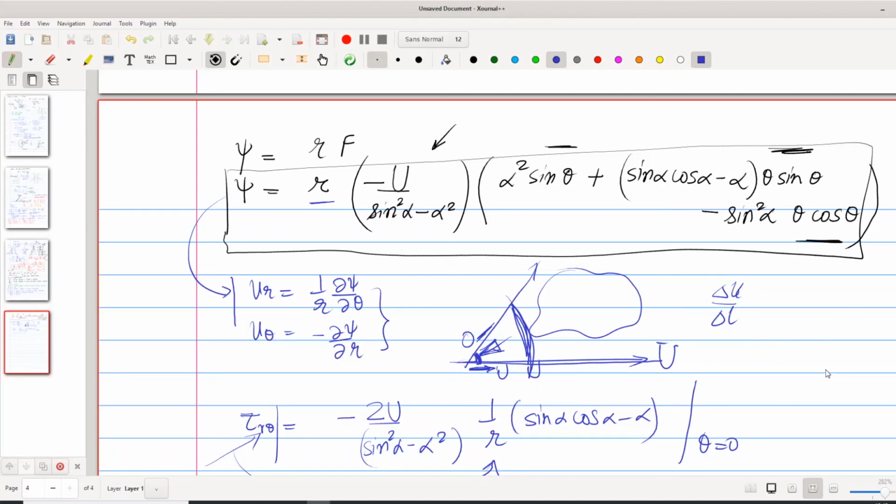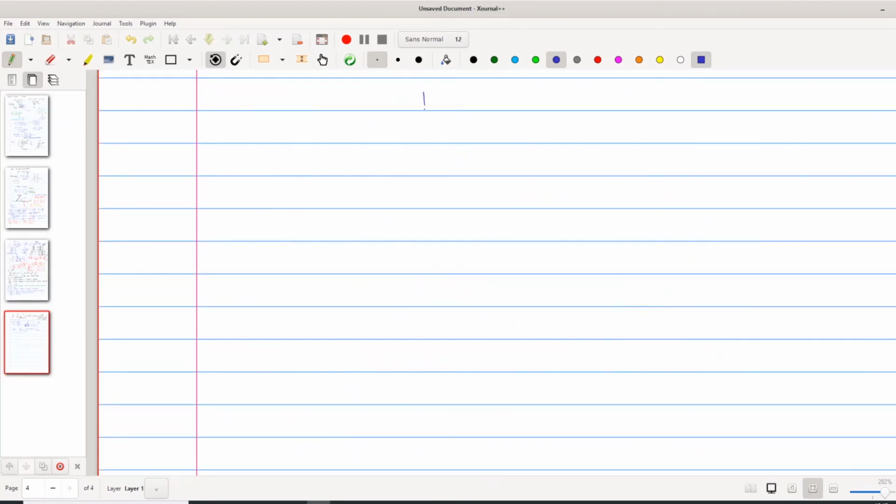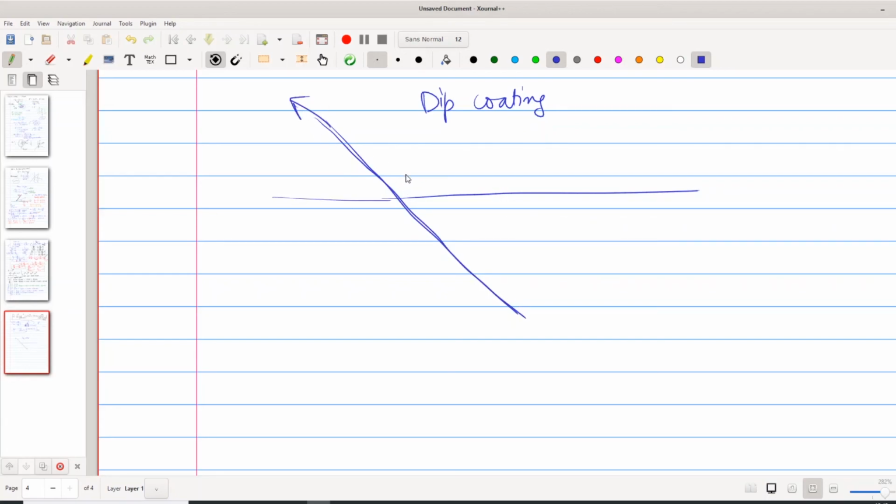You can have a dip coating kind of problem also. So a dip coating problem. You have a free surface of fluid and you have a plate which is immersed in the fluid, and you are pulling the plate. So instead of having a solid surface bounding the slot, you have a free surface.